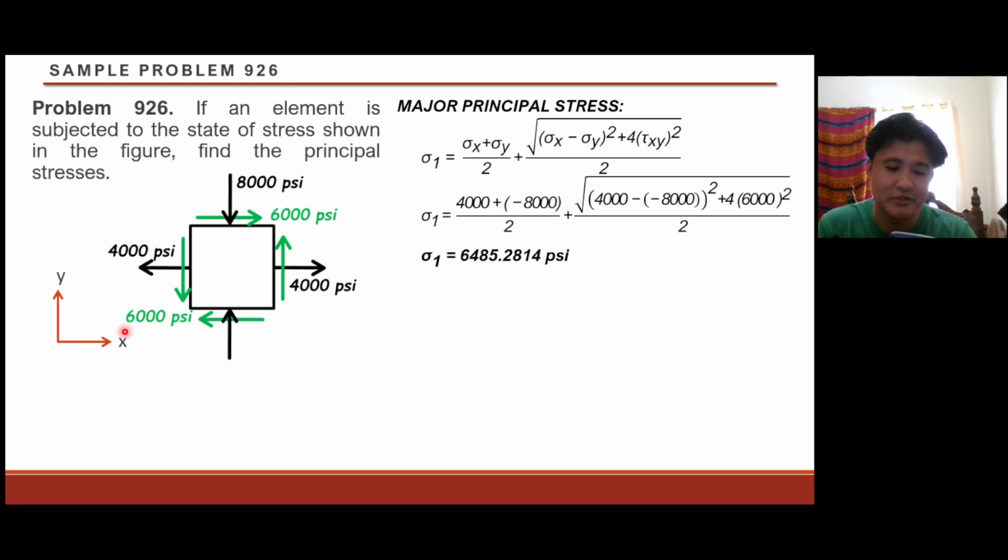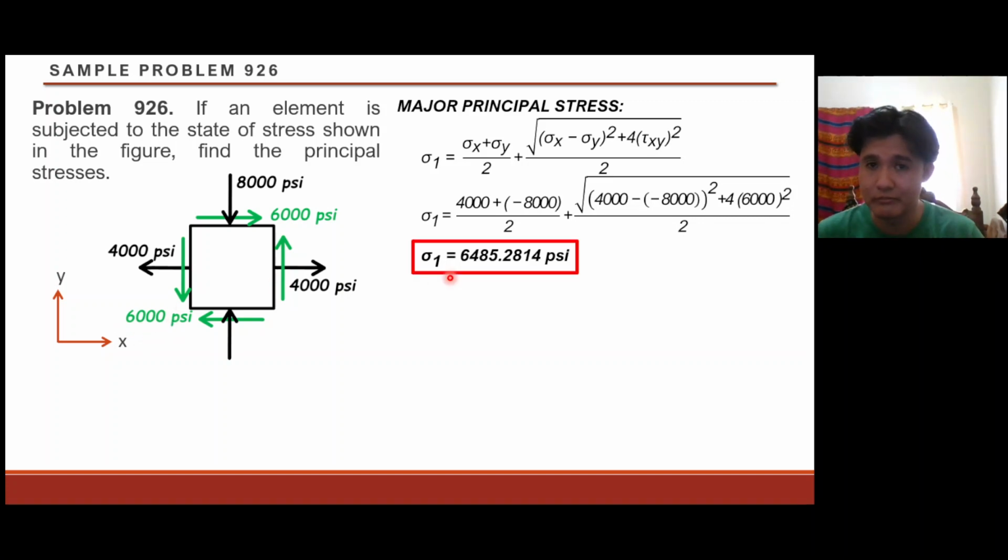Consider niyo yung mga signs, square root of, or yung mga grouping nyo. Minus negative 8,000. 4 times 6,000 squared, over 2. 6,485.2814 PSI. So, yun yung makukuha nyo na sagot.